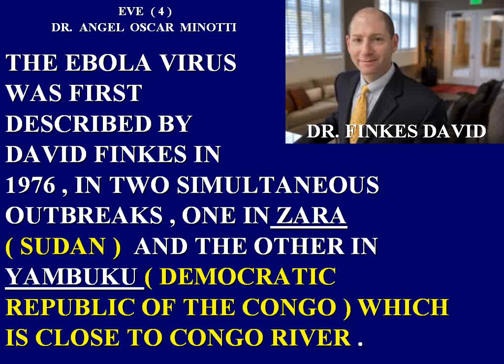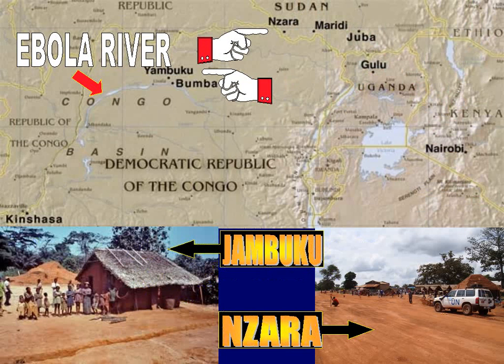The Ebola virus was first described by David Finkes in 1976 in two simultaneous outbreaks, one in Zara, Sudan, and the other in Yambuku, Democratic Republic of the Congo, which is close to Congo River. This is a map where they are located.